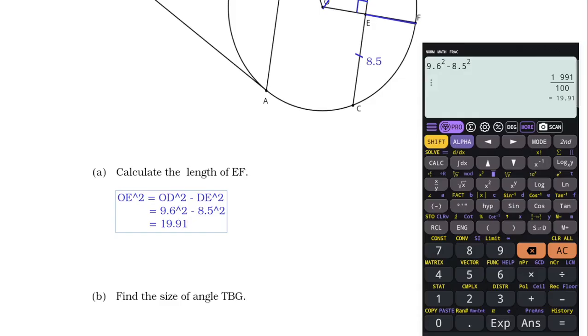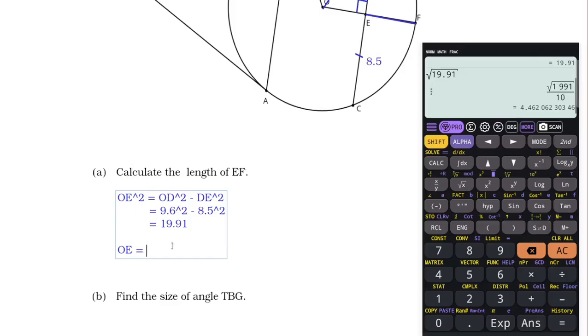Taking the square root on both sides, you will have OE equal to the square root of the answer there, the square root of 19.91.